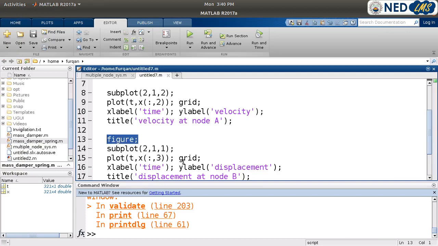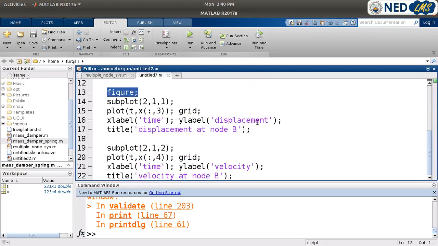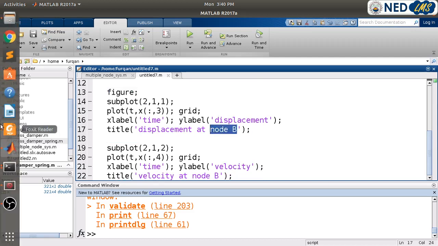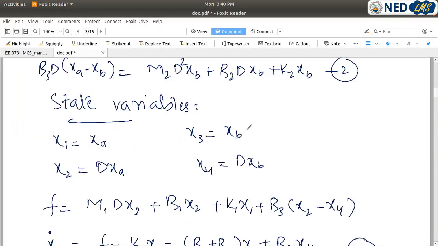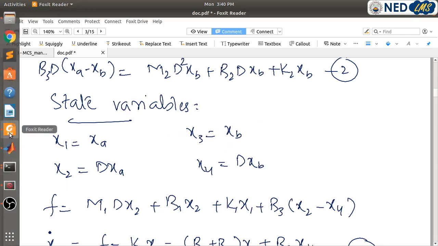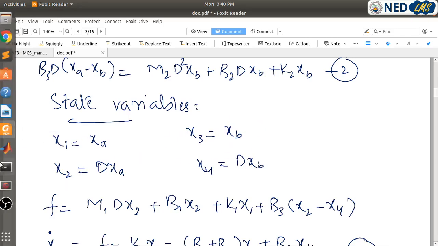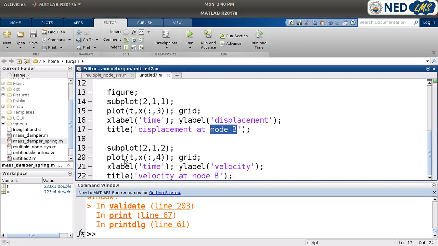So plot t comma x3, grid, and x3 is again displacement, but it is the displacement at node xb. So here x3 is equal to xb, which is the displacement at node xb, and the second area for this figure is t comma x4, which is the velocity at node b.